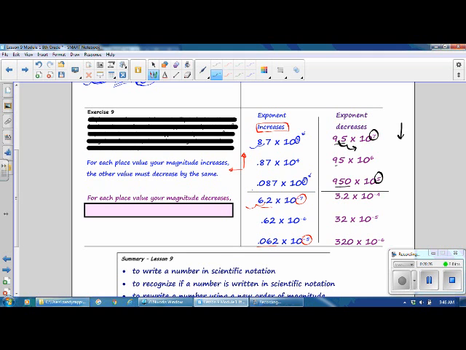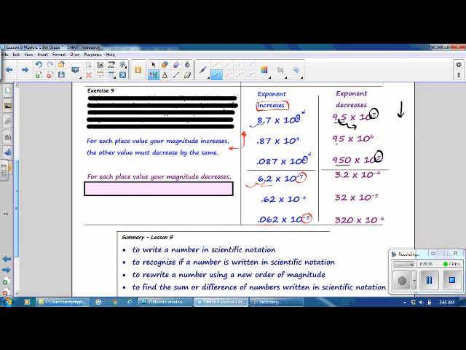Then let's take a look at what happens when you're using negative exponents. So here we're going from -4 to -5. So we are decreasing our exponent by 1. When you decrease your exponent, then you have to increase your decimal by 1 place.